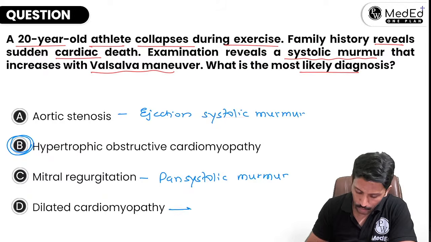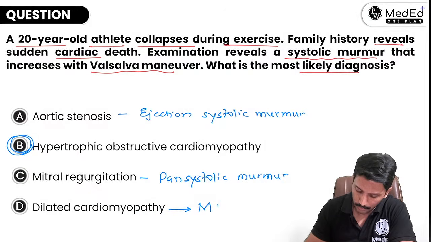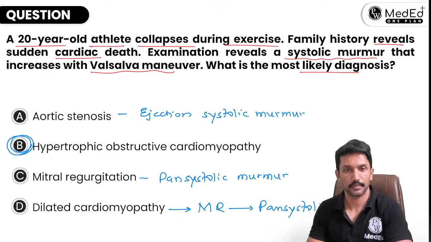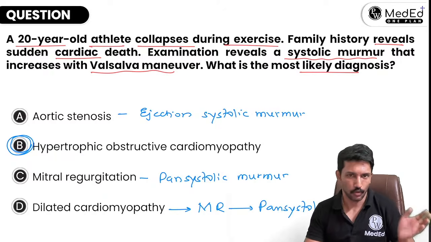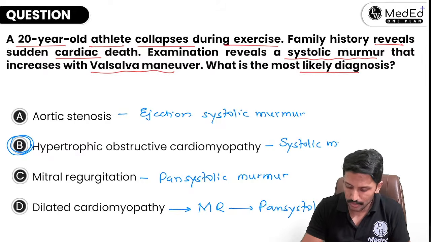And dilated cardiomyopathy is one of the causes for mitral regurgitation, and once you develop mitral regurgitation, it can lead to again a pan-systolic murmur. So all of the conditions, hypertrophic obstructive cardiomyopathy also produces a systolic murmur. So all of these murmurs are systolic.